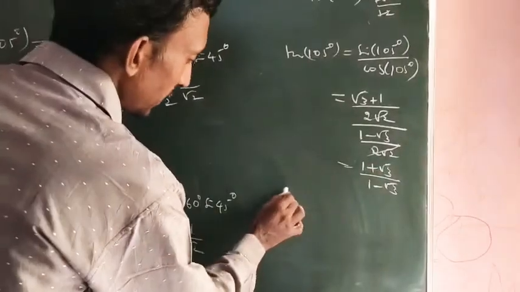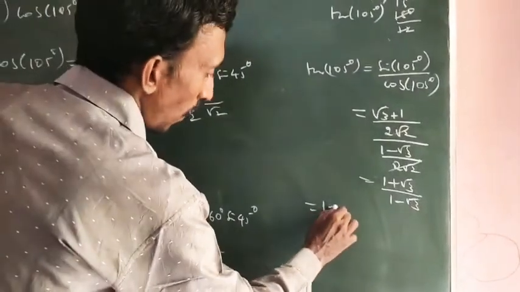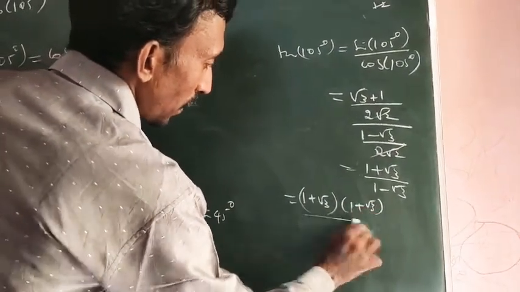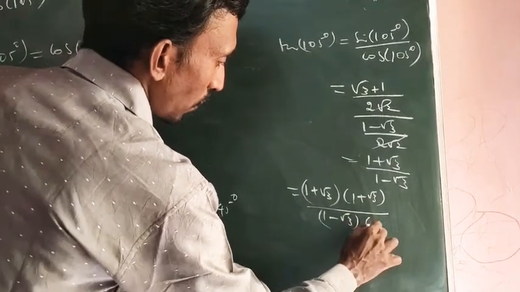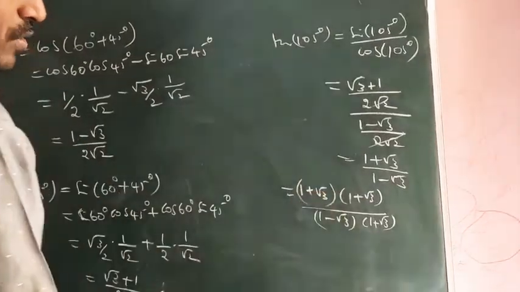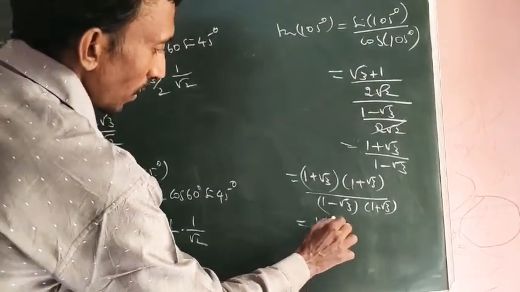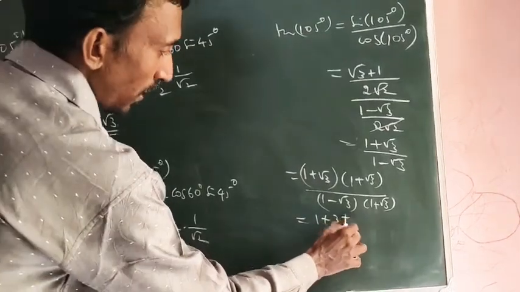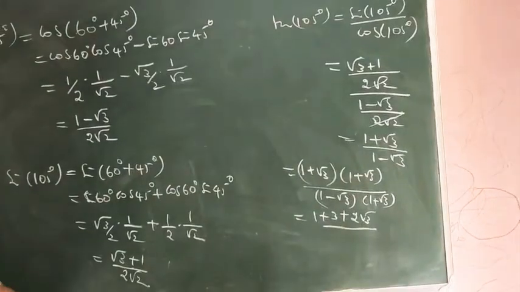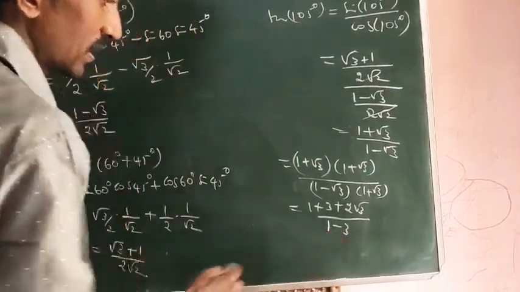To simplify this, multiply and divide by the conjugate of the denominator. So 1 plus root 3 into 1 plus root 3 by 1 minus root 3 into 1 plus root 3. Numerator is a plus b the whole square, so 1 plus root 3 the whole square, which is 1 plus 3 plus 2 ab, by a plus b into a minus b, which is a square minus b square, so 1 minus 3.